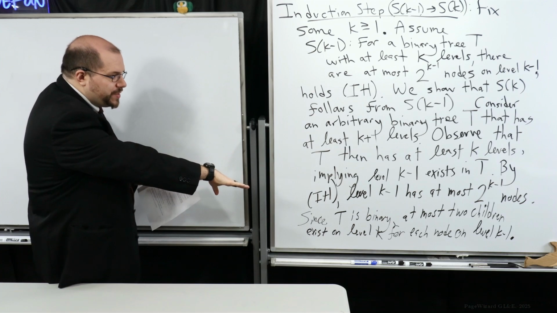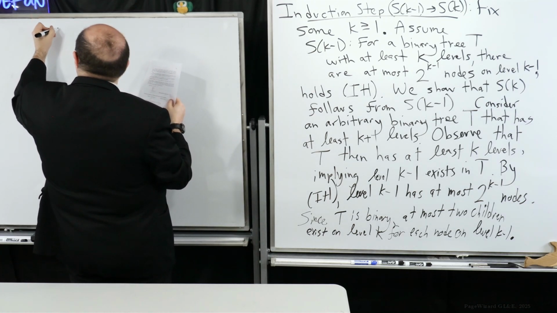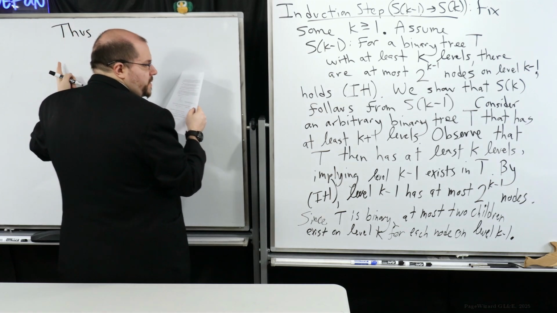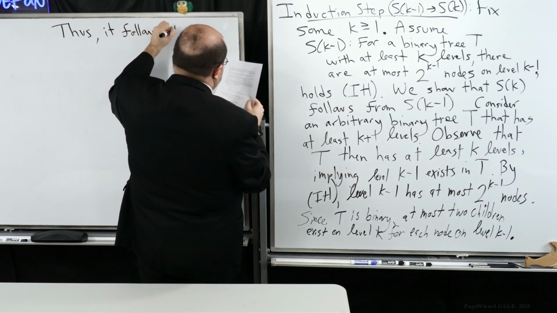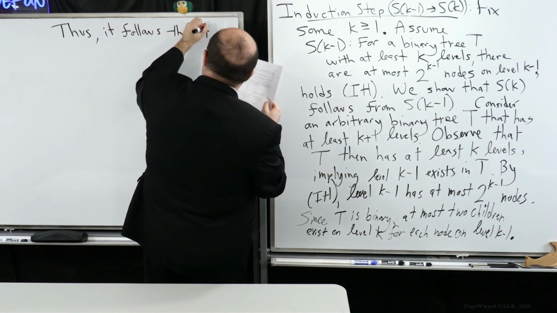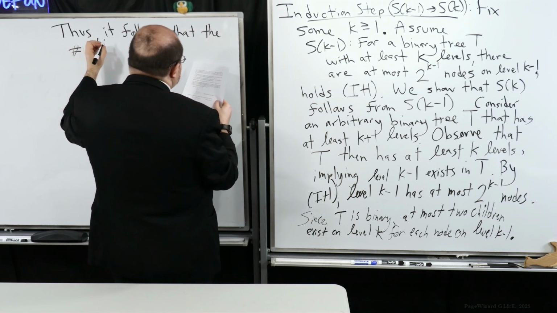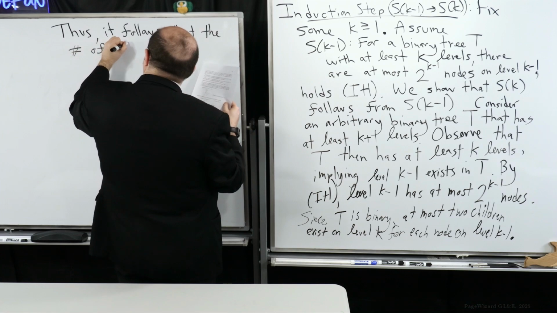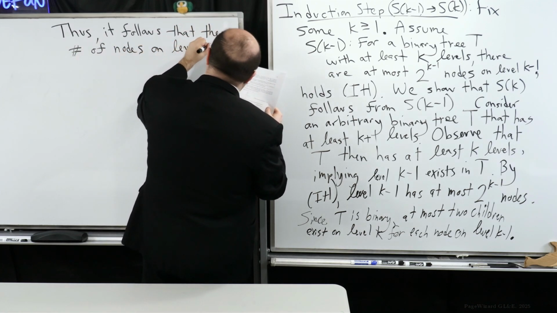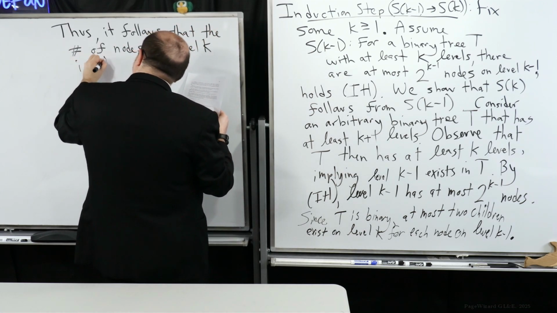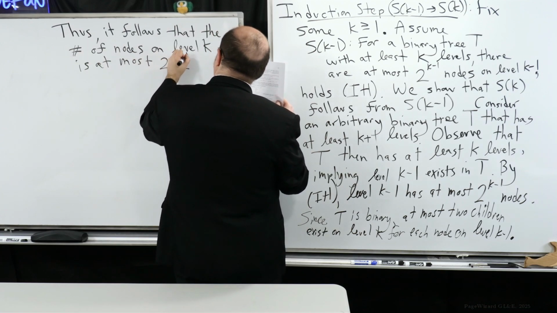So now that we have this here, let's put it all together. Thus, it follows that the number of nodes on level k is at most 2 times 2 to the k minus 1.